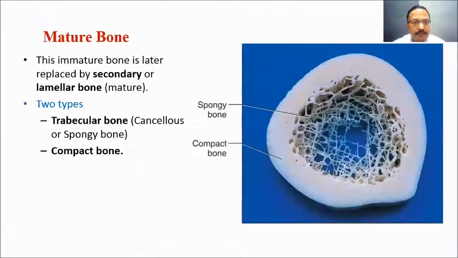So here you can see a section of a shaft of some long bone, where we can see the compact nature as well as the spongy nature of the bone. Both these bones are made up of lamellar bone. That means the compact bone as well as the spongy bone are made up of sheets of bone tissue.